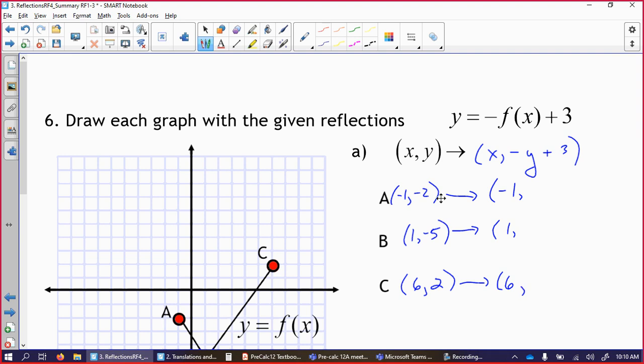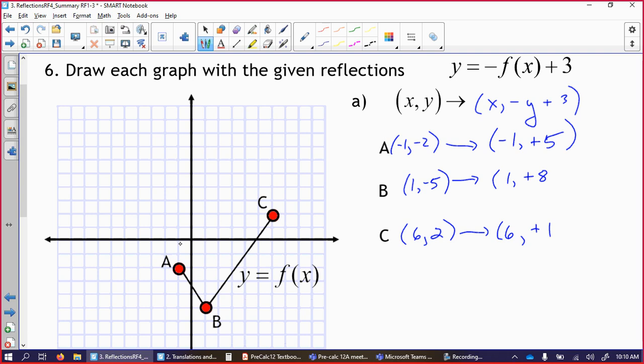So negative of negative 2 is 2. 2 plus 3 is 5. Negative of negative 5 is 5 plus 3 is 8. Negative of positive 2 is negative 2 plus 3 is positive 1.